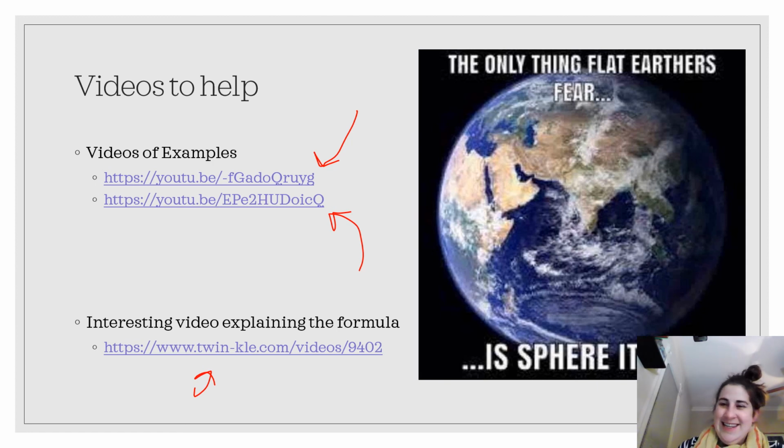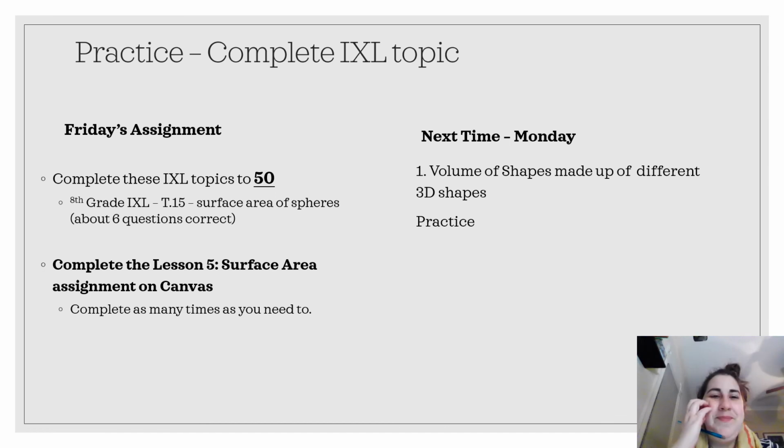Okay, moving on. Today's assignment is you are going to get to 50 on 8th grade topic T.15 about surface area of spheres. It takes about 6 questions correct to get to that point. And then you're going to complete the lesson 5 surface area assignment on Canvas. So it's still a quiz that you can take as many times as you want.